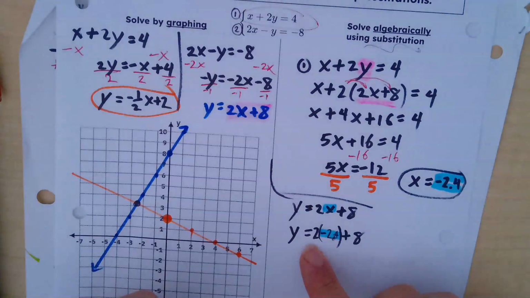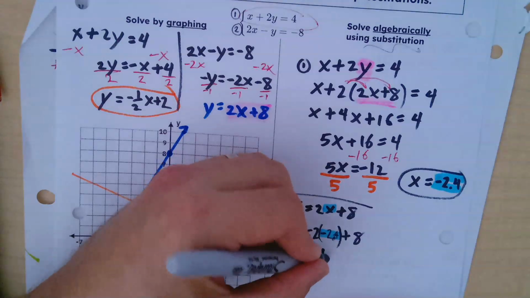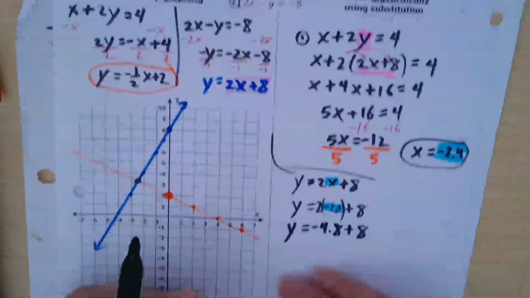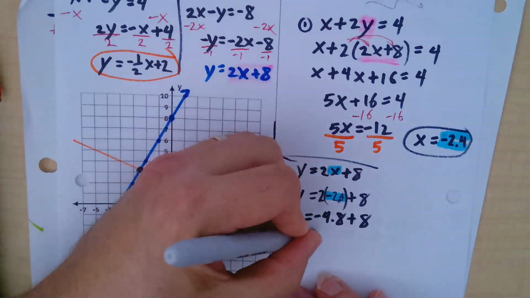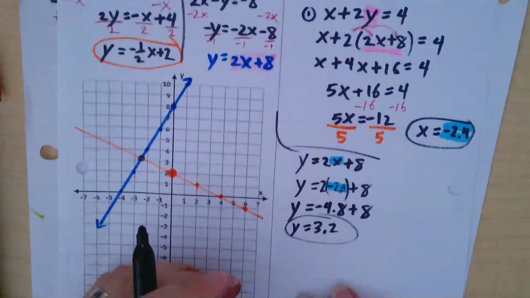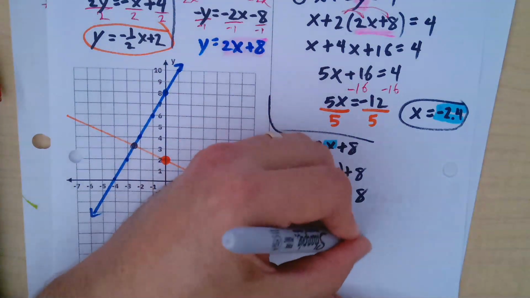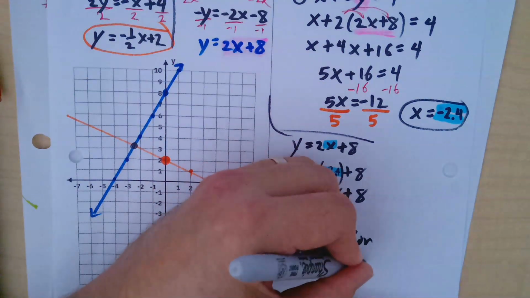So 2 times negative 2.4 is equal to negative 4.8. And then negative 4.8 and 8 is going to give me 3.2. And so my solution is negative 2.4 comma 3.2.